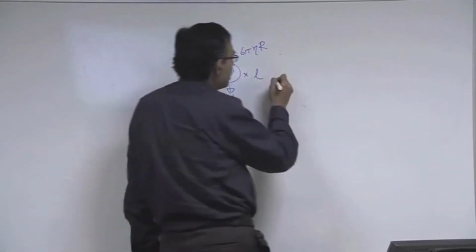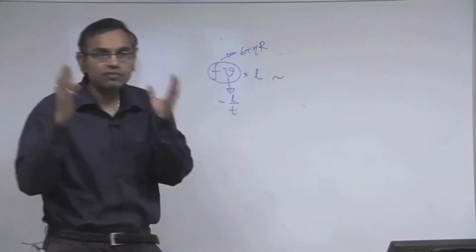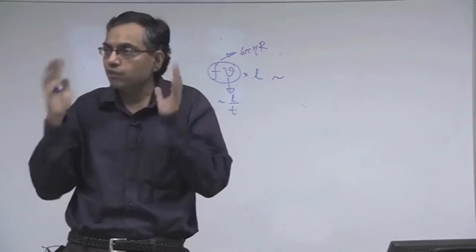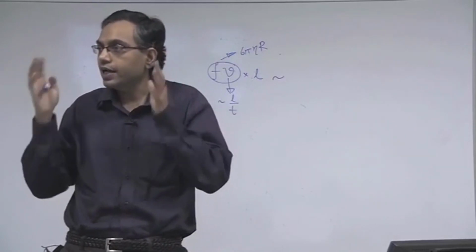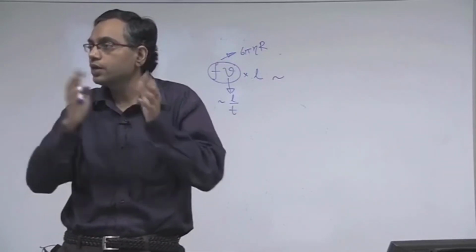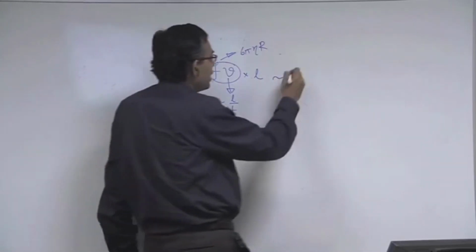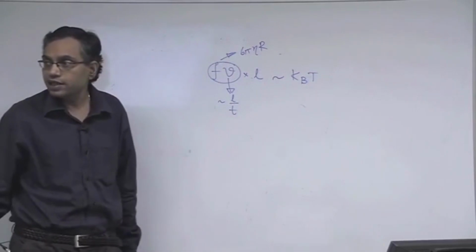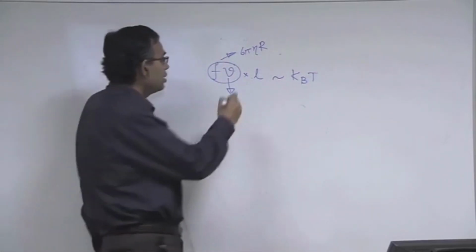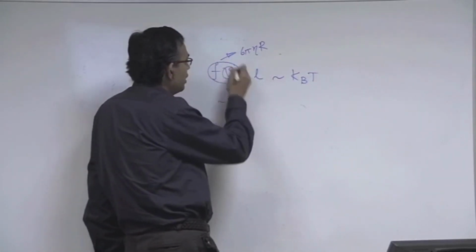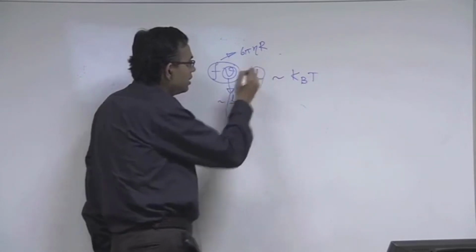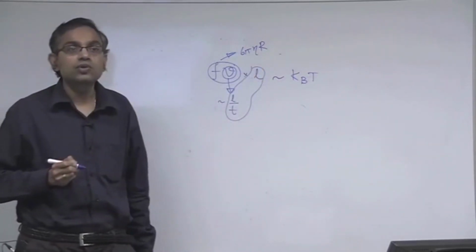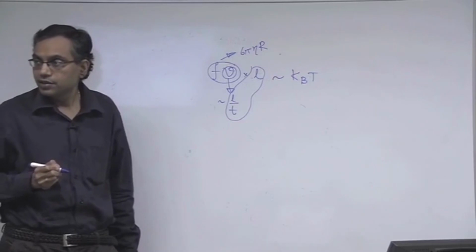This work, where do you get the work? Ions have thermal energy, and by virtue of their thermal energy they can get sufficient energy to overcome this drag. So what is the thermal energy? That is kB T, Boltzmann constant times temperature. And what is this L square by T? This is nothing but the diffusion coefficient, right.